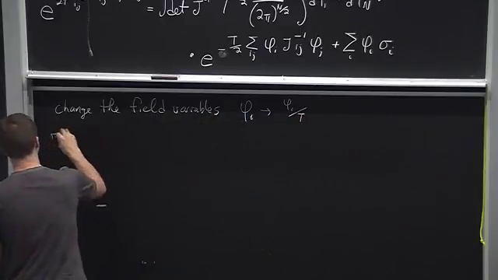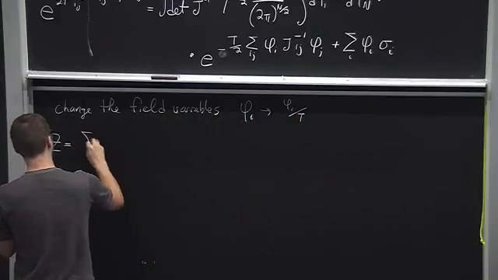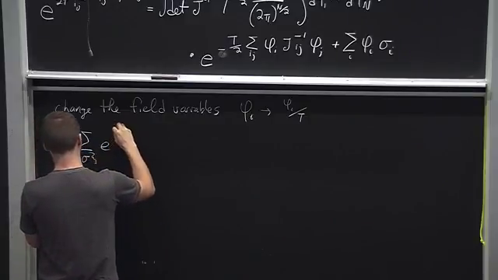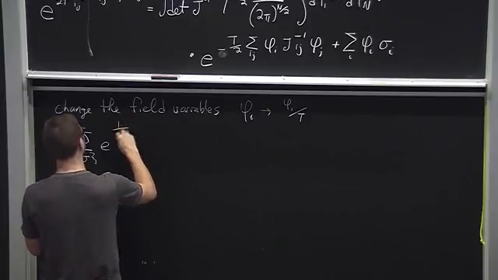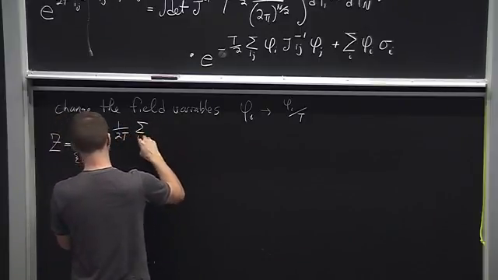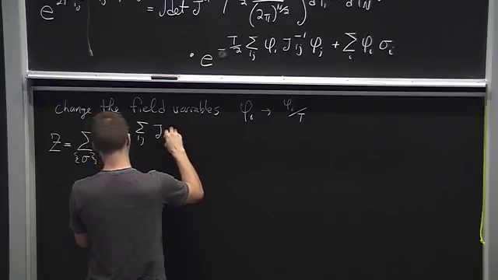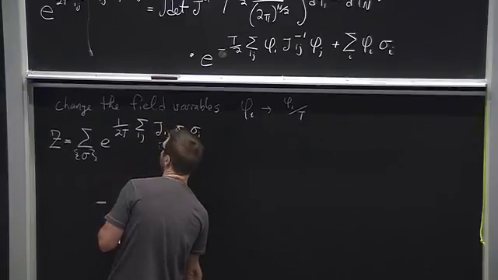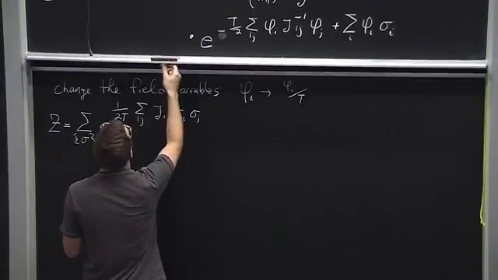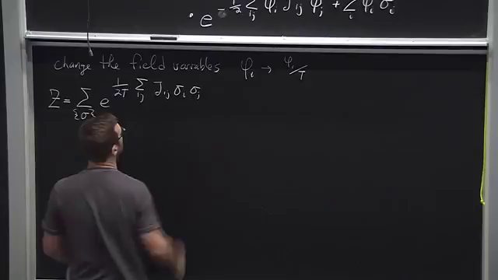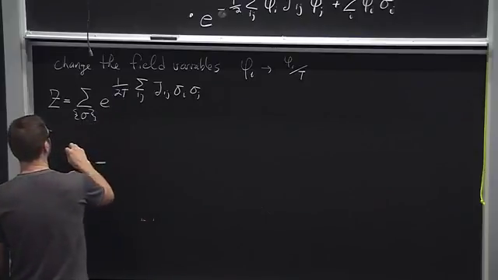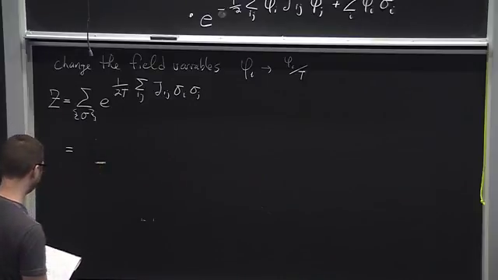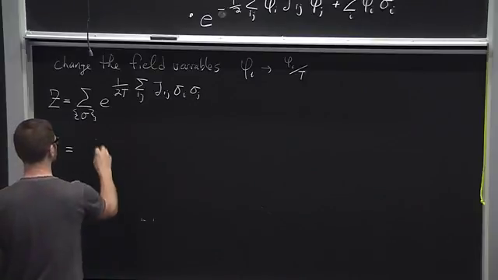And then I'll write the full partition function, which remember has that trace. 1 over 2t. And so I have enough room, let me write it. So I have a constant out front that has all those determinant and the 2 pi's.